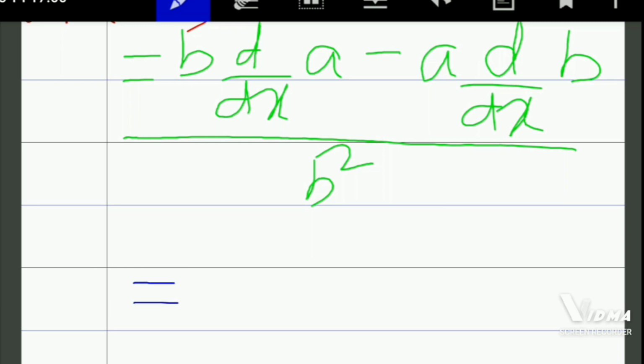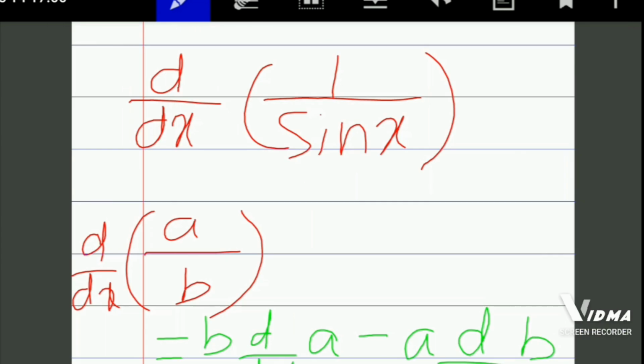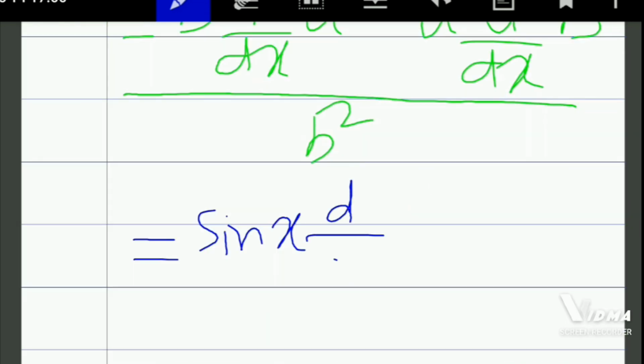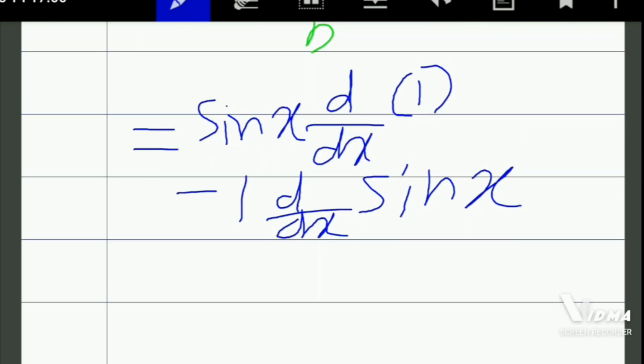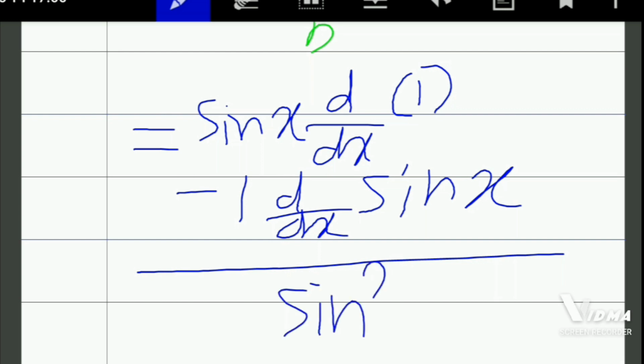According to this, the differentiation of 1 upon sin x would be sin x into the differentiation of 1 minus 1 into the differentiation of sin x by sin square x.